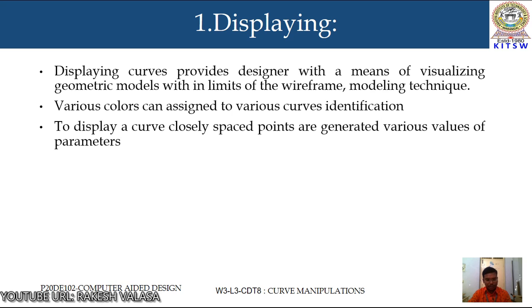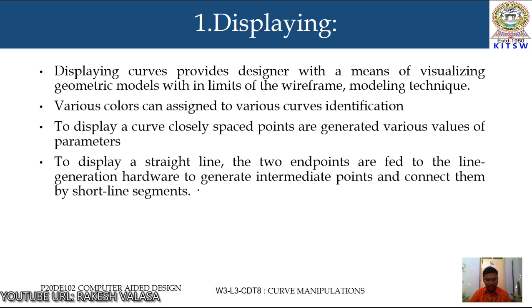The display processing unit receives these coordinates and changes them to two-dimensional coordinates related to the device coordinate system of the display terminal. The resulting points are displayed and are connected by short line segments. Line segmentation hardware exists for creating and displaying these line segments.